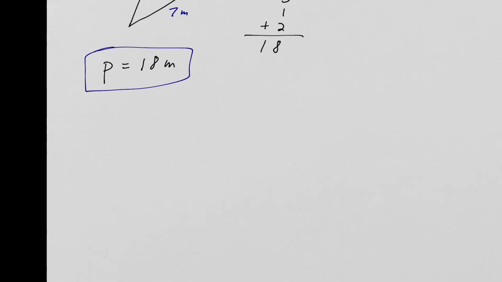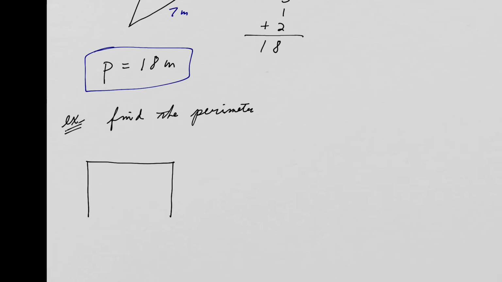What if you have something like, let's say a rectangle. Okay, so again, find the perimeter. Let's say I have this rectangle and I'm told that the length is equal to 5 feet and the width is 3 feet. And I want to find the perimeter of that rectangle.